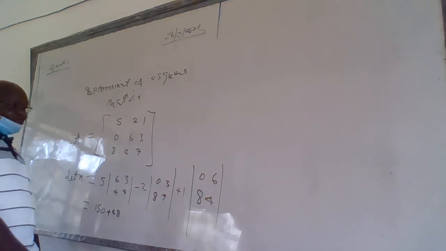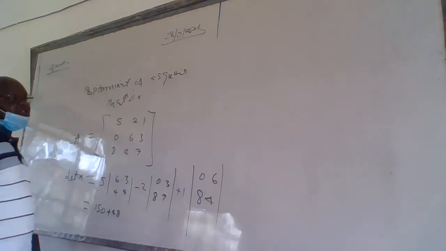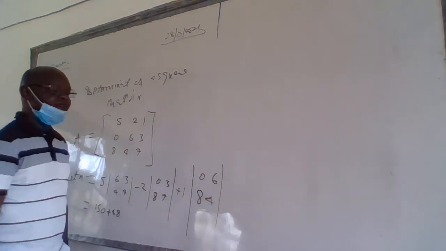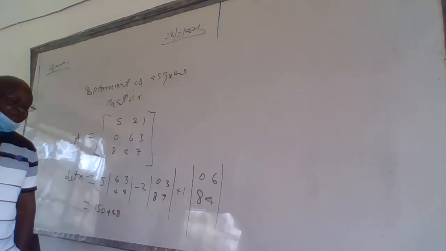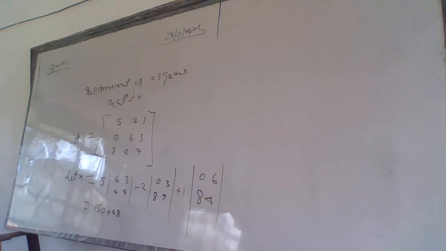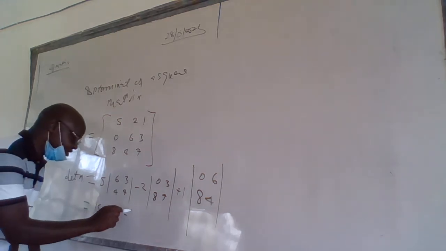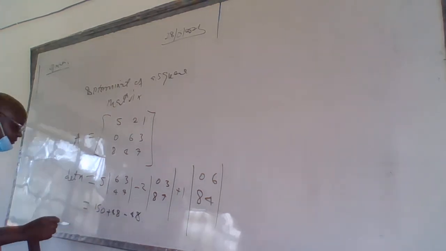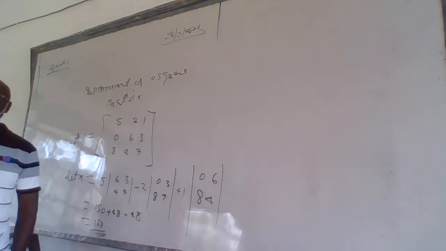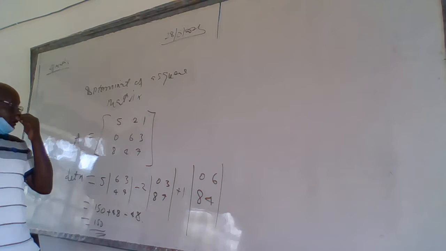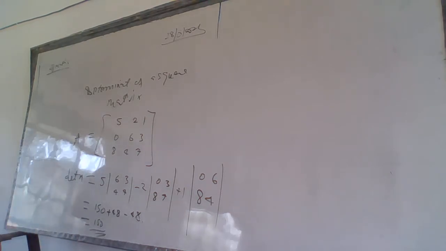Then 0 times 4 minus 6 times 8 is minus 48, times 1, so minus 48. So at the end of the day, we have 150 as the determinant of matrix A.